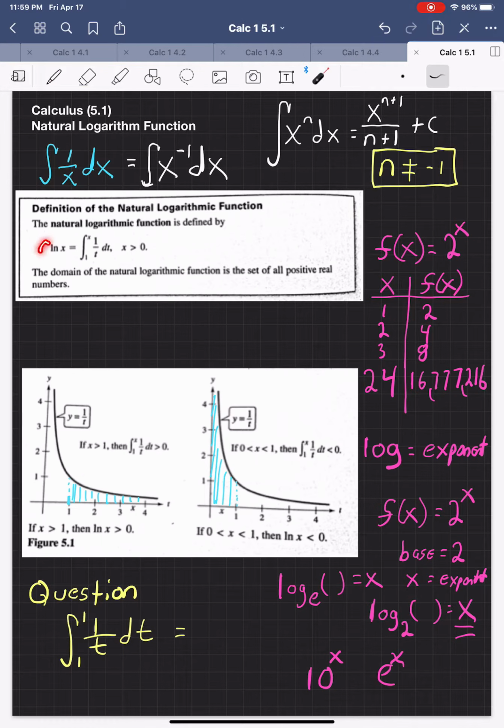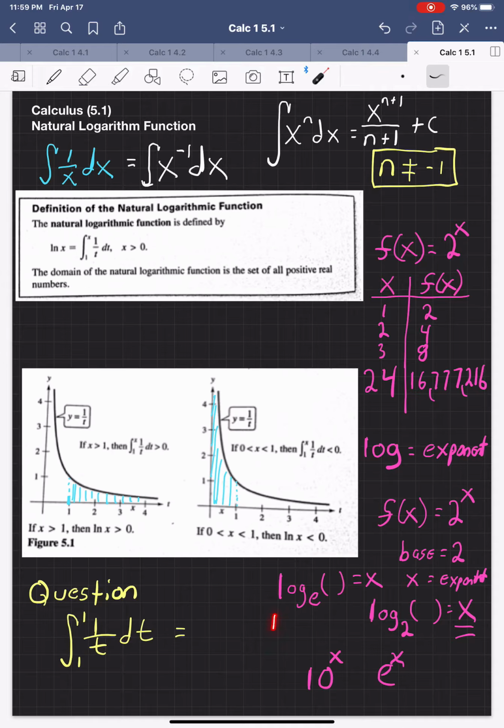Because ln, this ln of x, is just a log. It's a logarithm. Now, they call it the natural logarithm, but it's a logarithm with a base of e. It is unbelievably useful, for reasons not yet given, in that it actually has its own button.